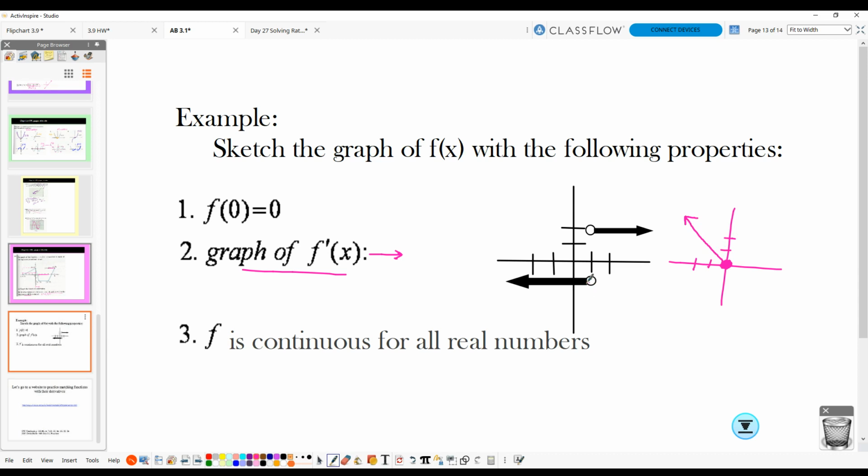So this side is -1 until we get to a value of x equals 1. It tells us the function is continuous, so I need to color this in. And then after x equals 1, the slope is now +2. So go up 1, 2 over 1. There's your graph.